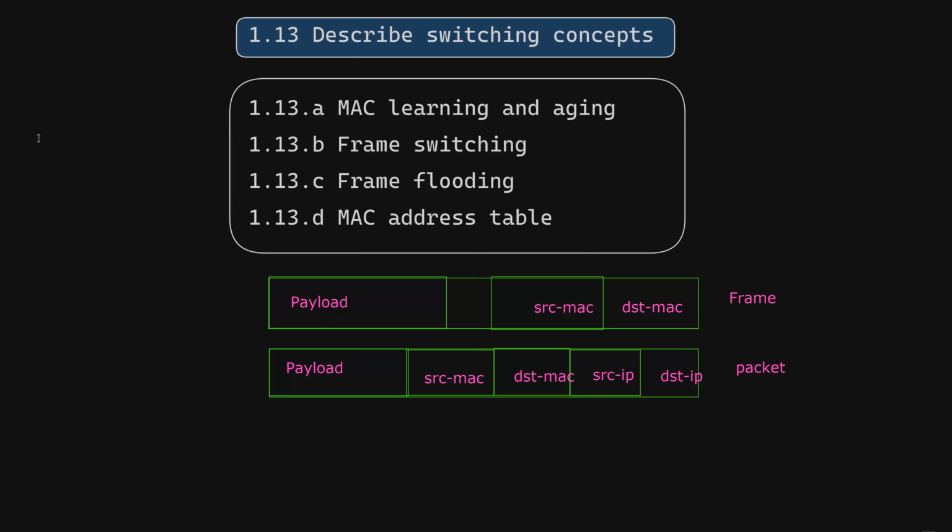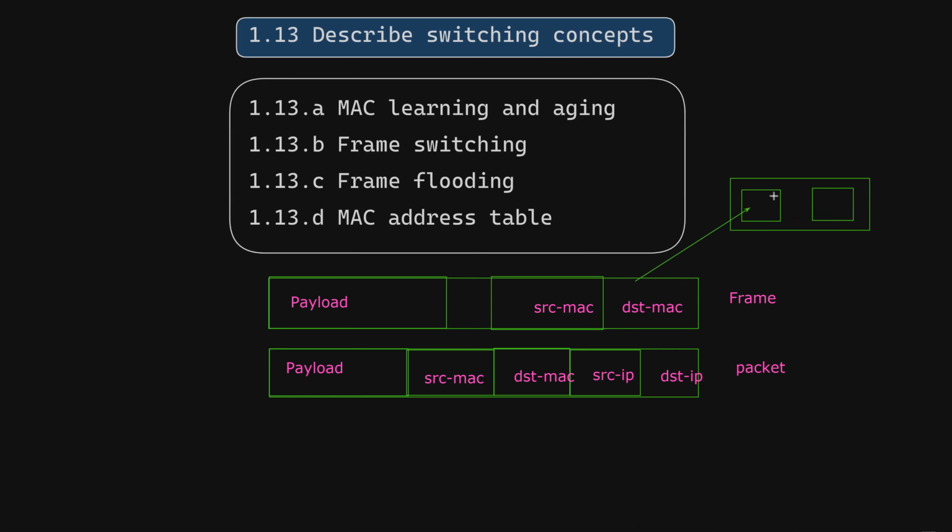So what is frame switching? Frame switching means that this will go to the switch interface. Suppose you have the switch and the switch has interfaces. You will send the frame, not packets.